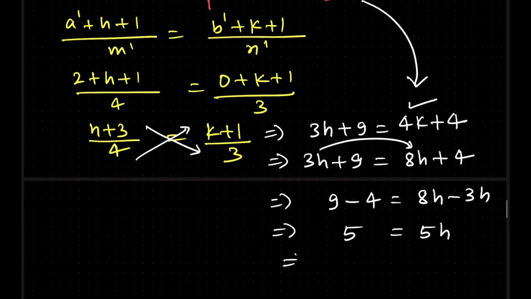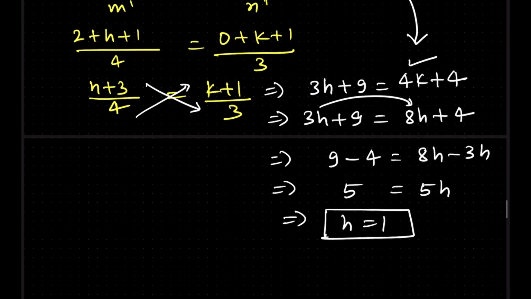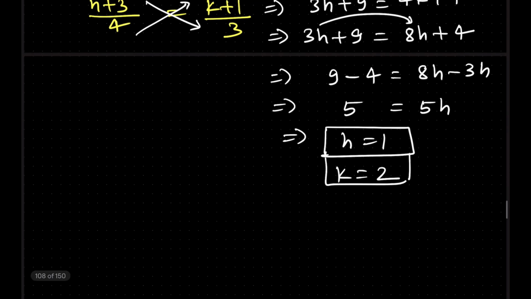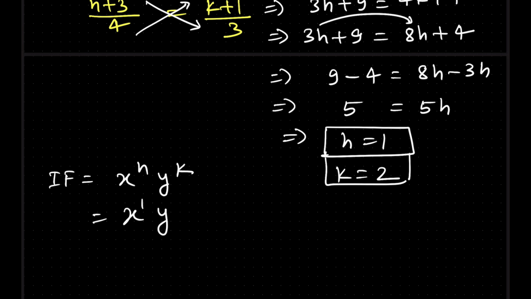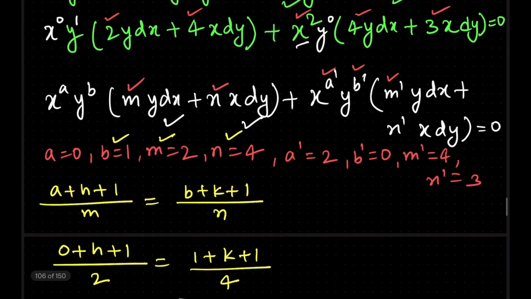So here you can see 5 is equal to 5h. So value of h is 1, and we saw that k is twice of h, so k will be 2. So our integrating factor will become x to the power of h and y to the power of k. So h is 1, so x power 1, y to the power of 2. So this is our integrating factor.